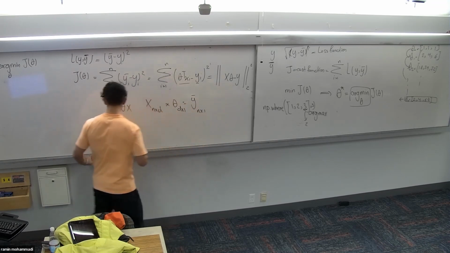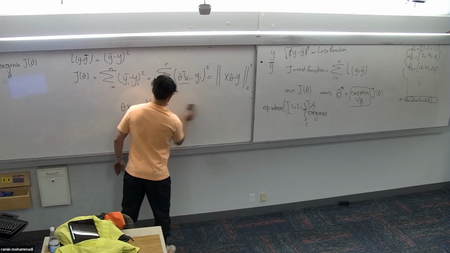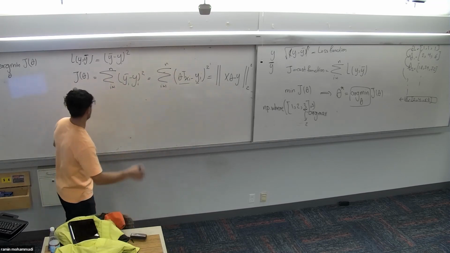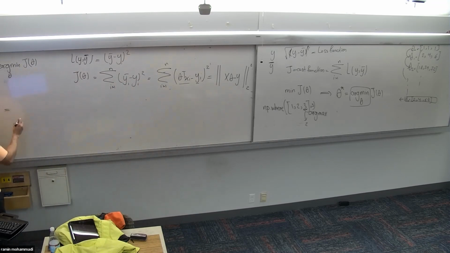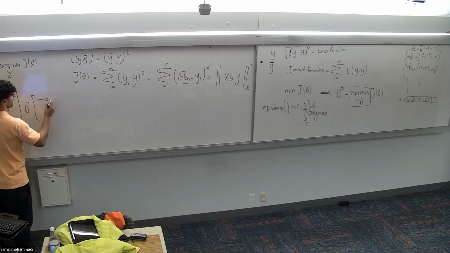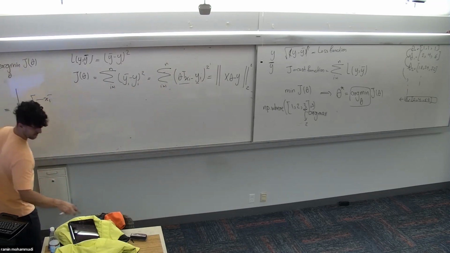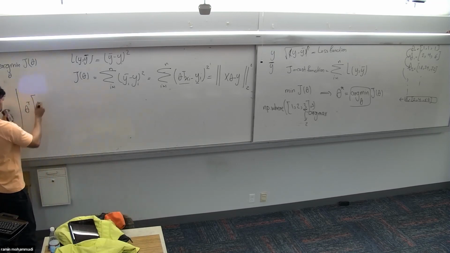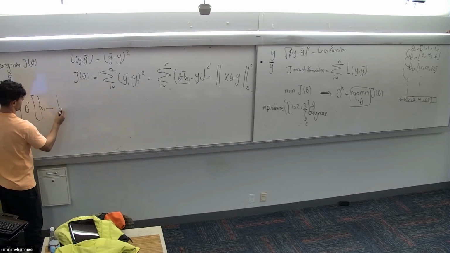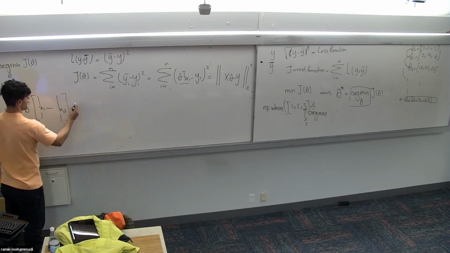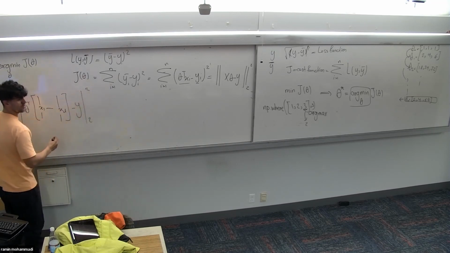So now, there are two ways you can represent this. One way you can say theta transpose x1 through xn, minus y1 through yn.